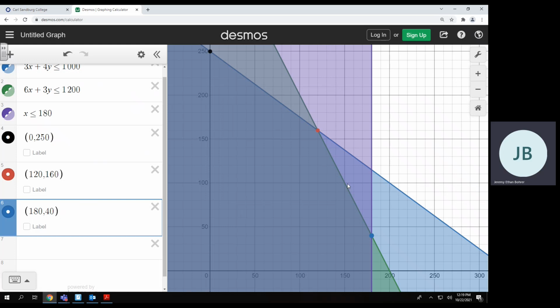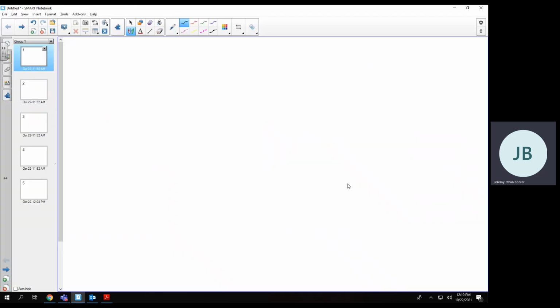So we want to suppose that the right-hand side of constraint 1 is replaced with 1,000 plus h, where h is a real number. And then the new optimal solution occurs at point D prime. I don't have that point in the graph, but we will look at this back in our notebook.